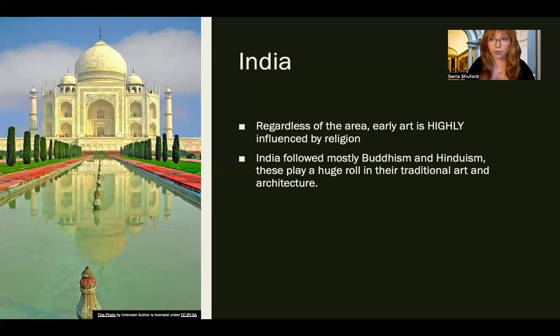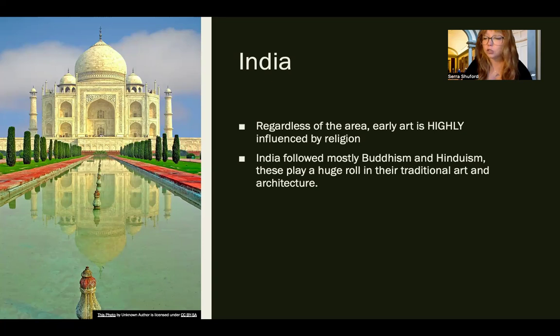Also, another little tiny disclaimer, I guess, or big disclaimer. Regardless of the area, early art is highly influenced by religion, and so when we look at a lot of early artwork, whether it's in India, Japan, Africa, even European artwork, religion is a very influential part of that artwork being made.